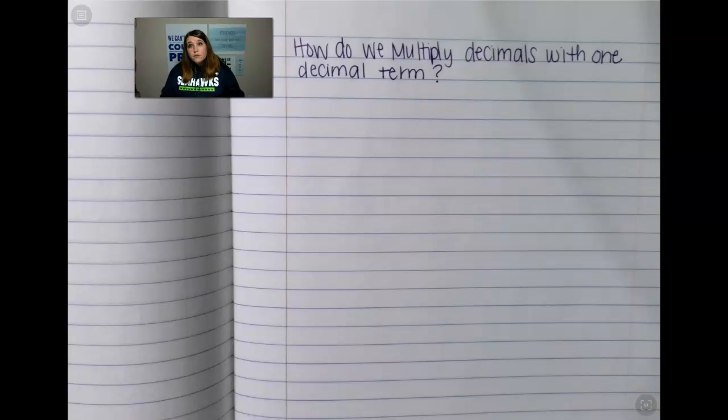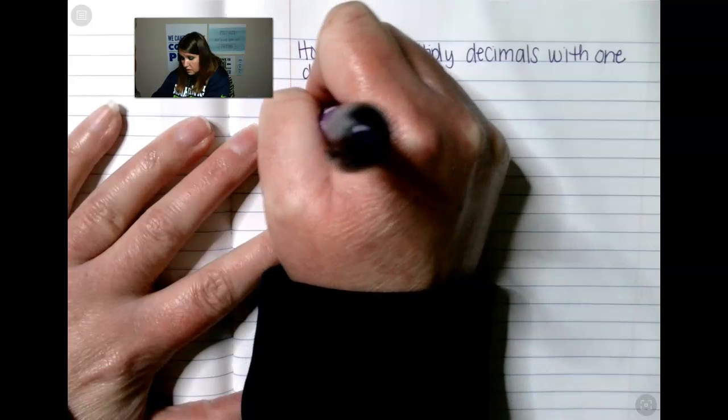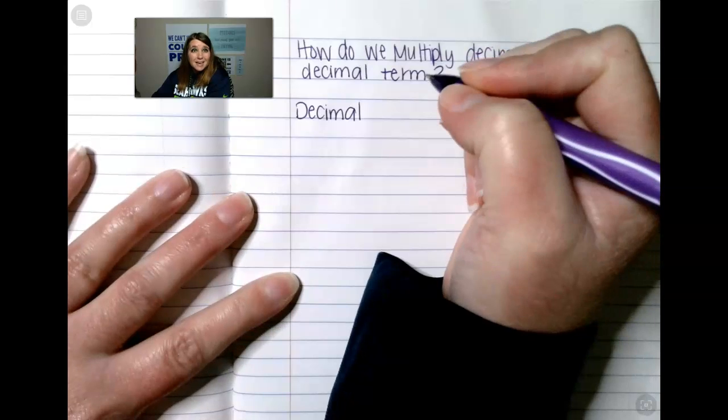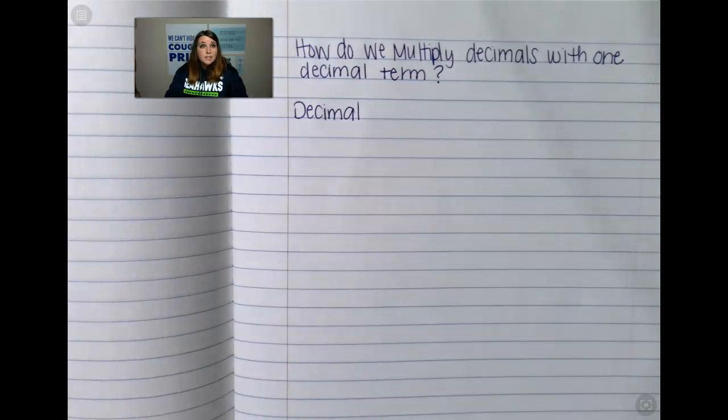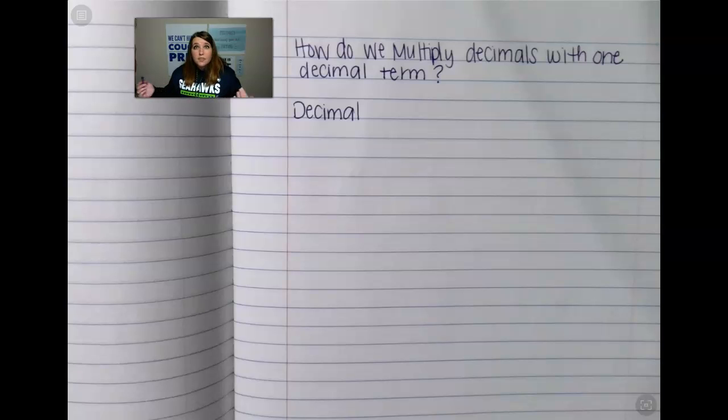First, let's talk about a decimal. A decimal is like a fraction. A decimal is a fraction who has a value of a tenth. It always goes tenths, hundredths, thousandths, and so on.